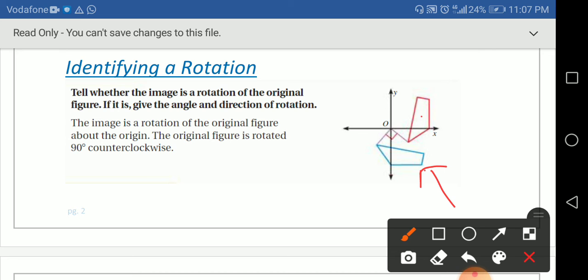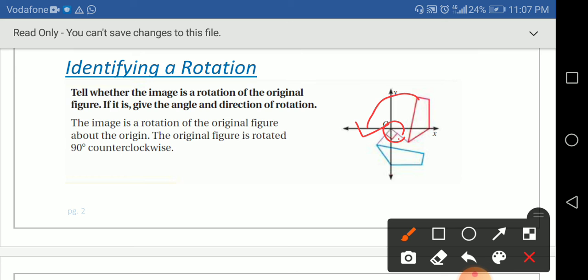So what is the image here? What do you think, guys? This image is a rotation. It rotates around its origin. The original figure is rotated 90 degrees.